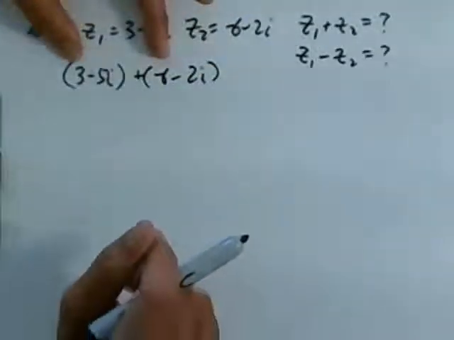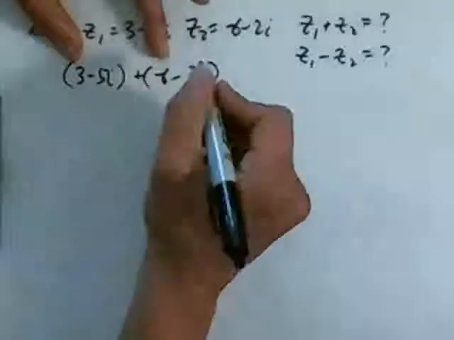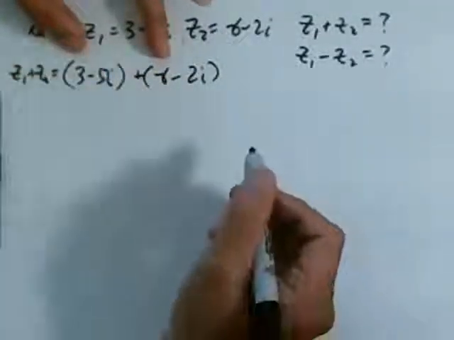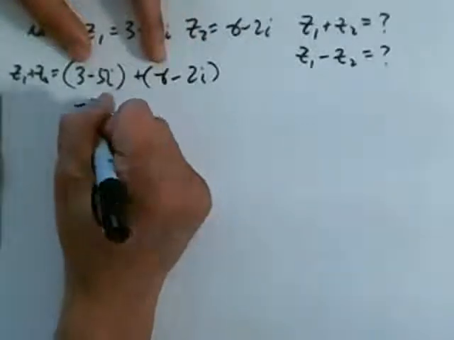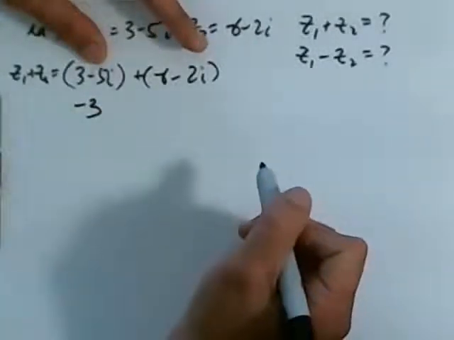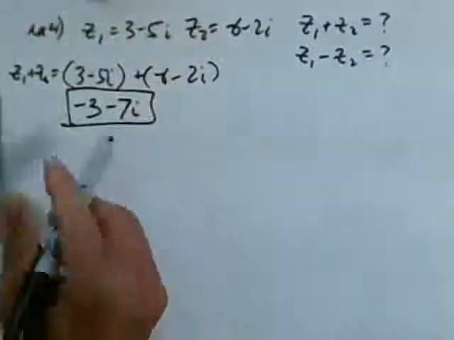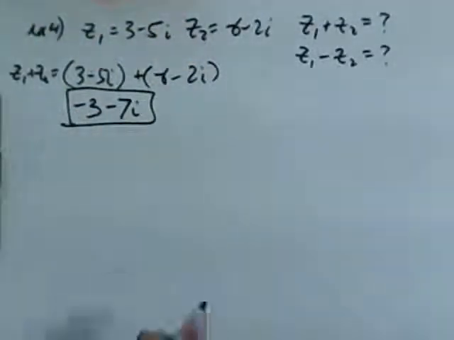We add the real portion, 3 plus negative 6. C1 plus C2 is equal to 3 minus 6, which is negative 3, minus 5i minus 2i is going to be minus 7i. So you add the real portions and then you add the imaginary portions.